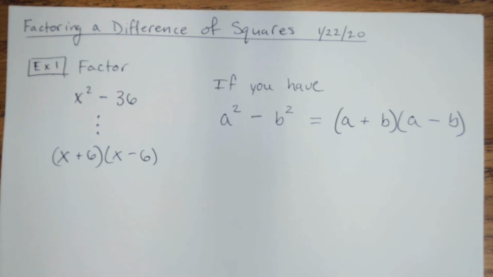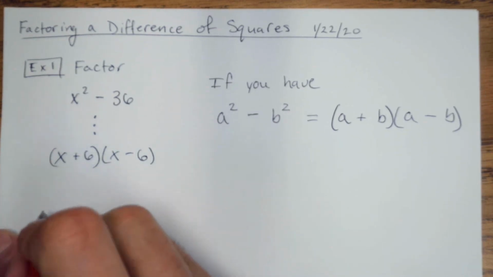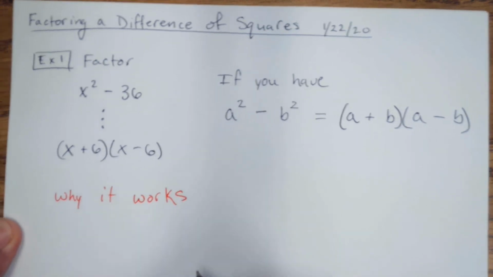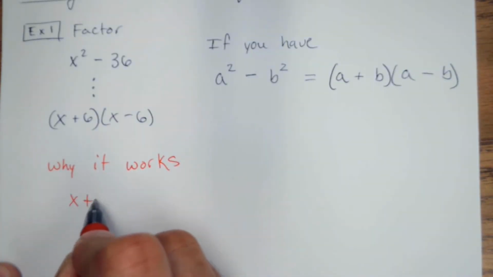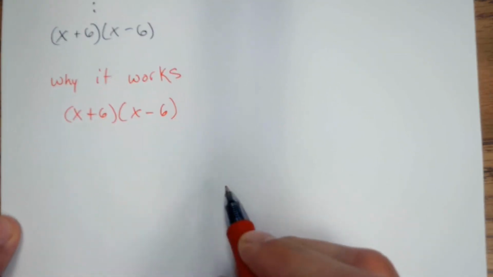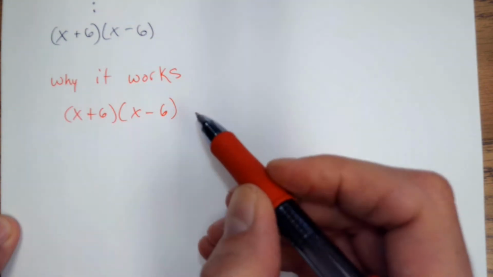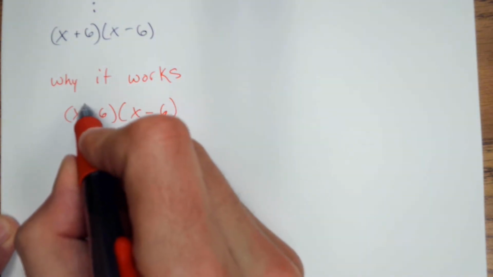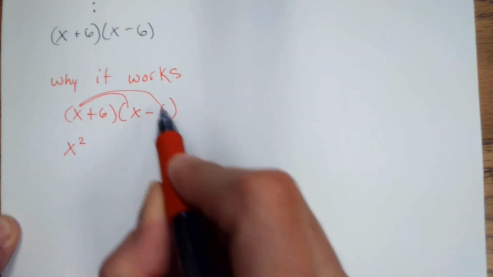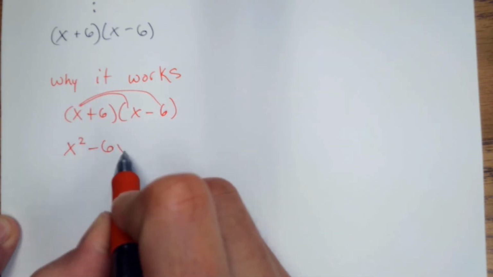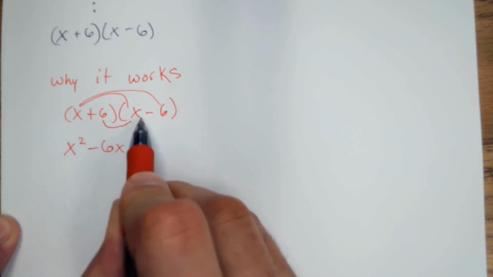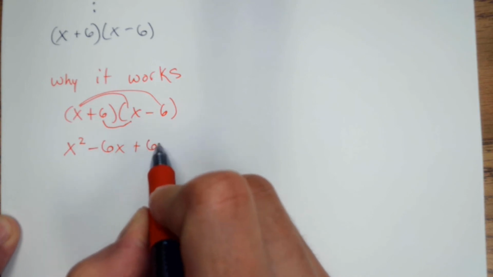Now, the reason why it works, let's see that real quick. If we were to take x plus 6 and x minus 6 and multiply, we could either FOIL or do the box. I'm going to FOIL in this case. So x times x, that's x squared. x times negative 6 is negative 6x. 6 times x is positive 6x.